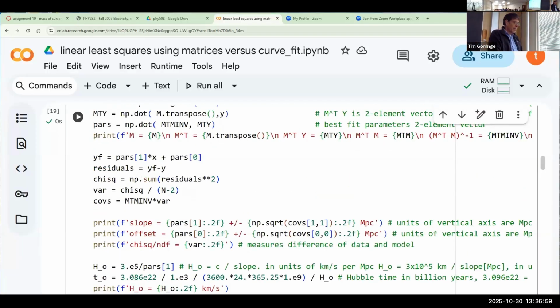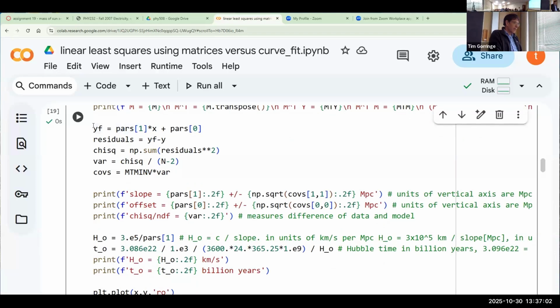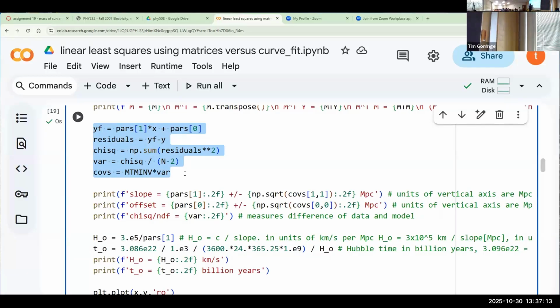Okay, so I printed out all that detail there. I did calculate a few more things down here. YF is the model values of the dependent variable at the location of the independent variable measurements. So this is mx plus c, with the best fit values for the two parameters.